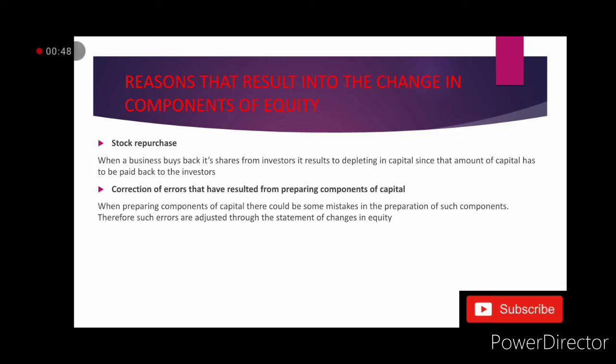Now the reason why a business would do stock repurchase is, remember the meaning of shares. Shares is a unit of ownership. That's right.